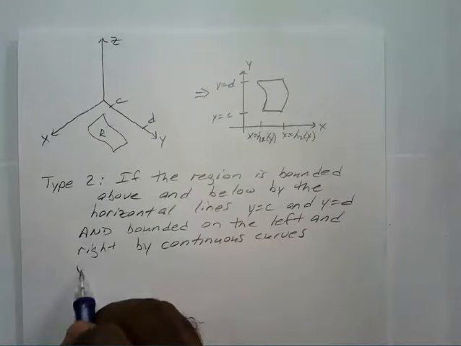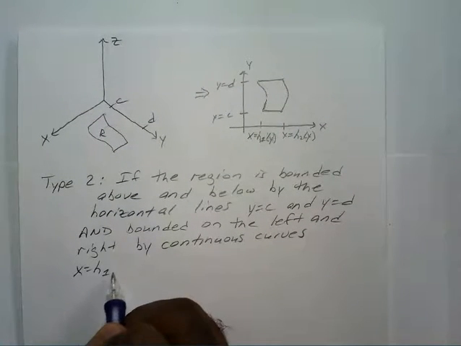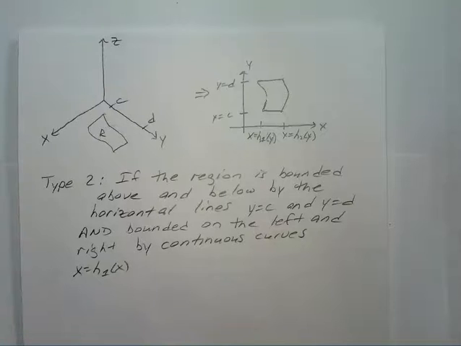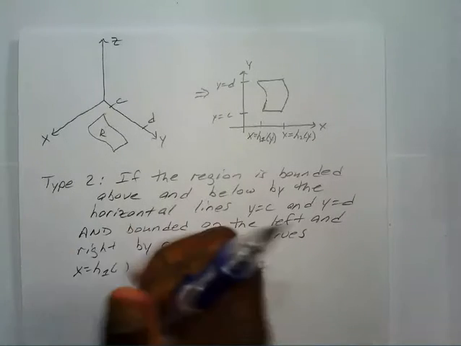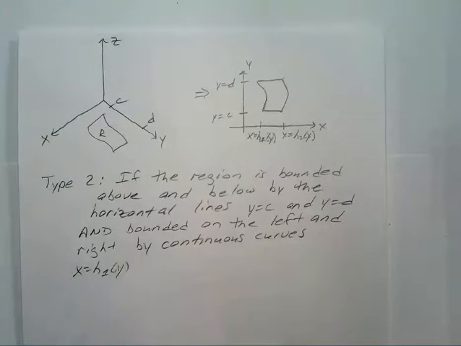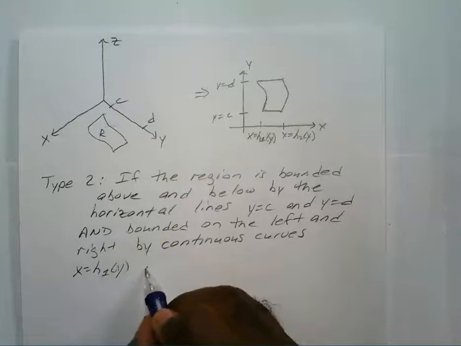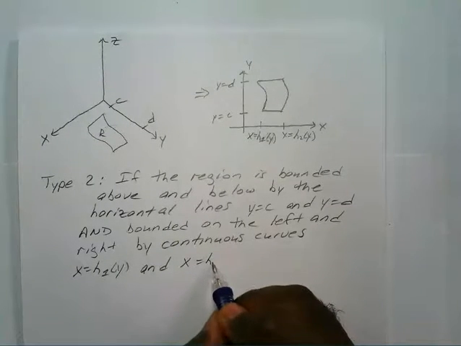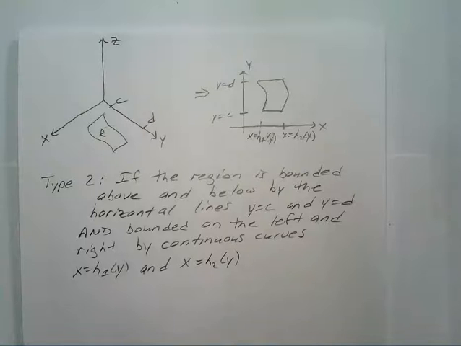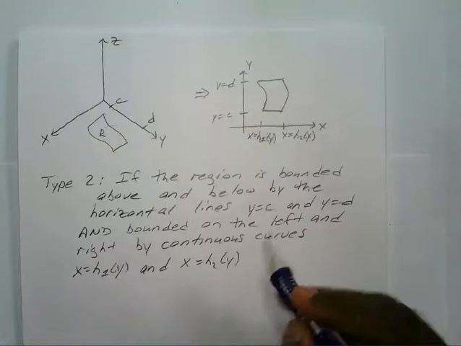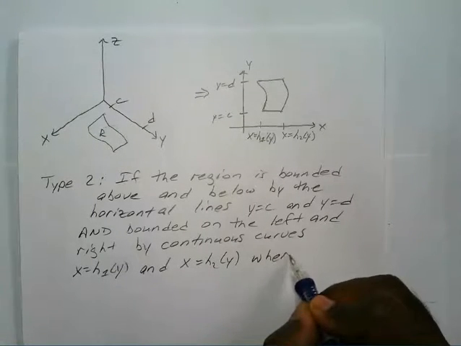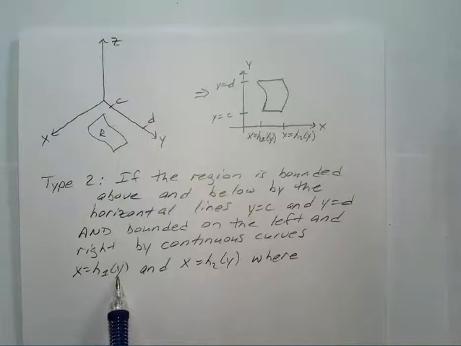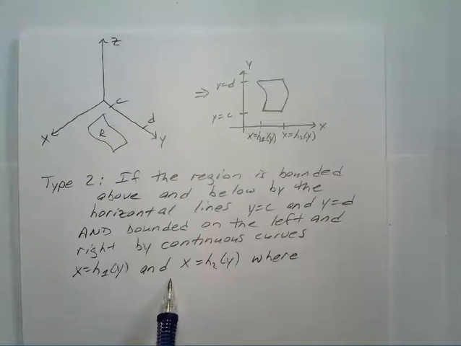We'll say x is equal to our first continuous function of y, and the x on the right is equal to our second continuous function, where we know our first function is smaller than our second function.